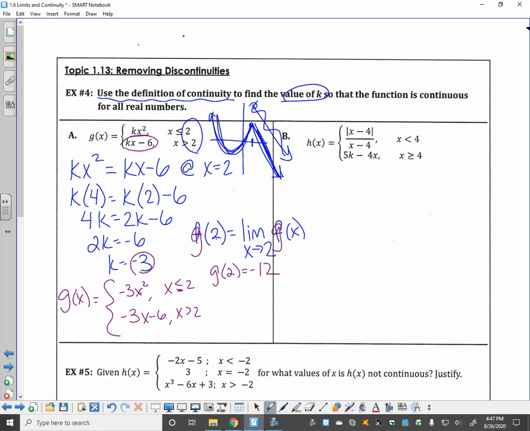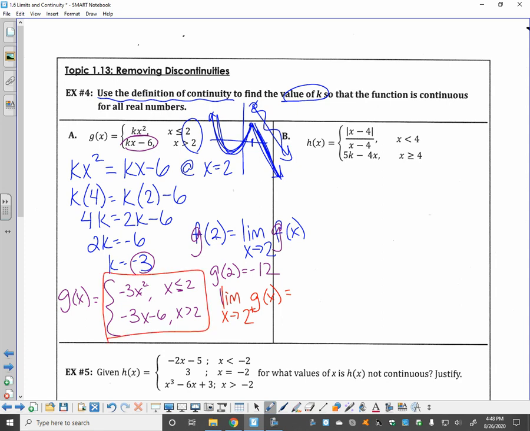Okay, now I need to find the limit. The limit as x approaches 2 of g of x from the right. Okay, from the right, go back to your piecewise.